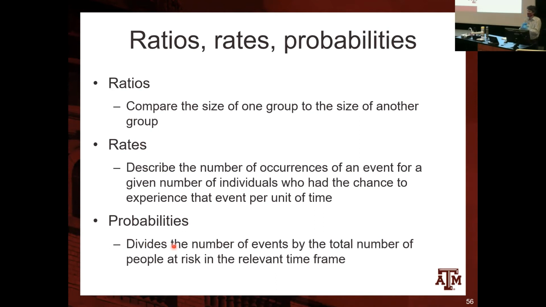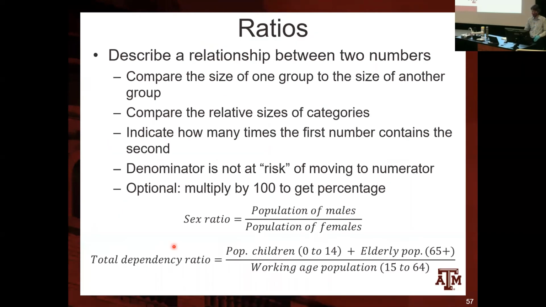Probabilities do not do that. You just get the overall population at the beginning of the period, put it in the denominator, and then measure the event in the numerator, right? So that's the main difference between the two. I'm going to go into a little more detail about each of these indicators and give examples.